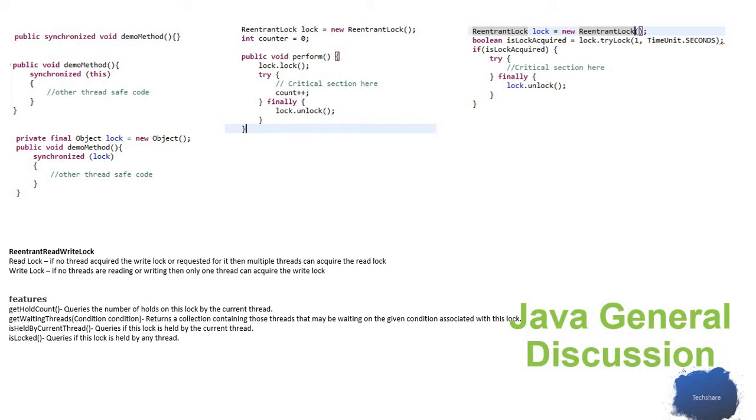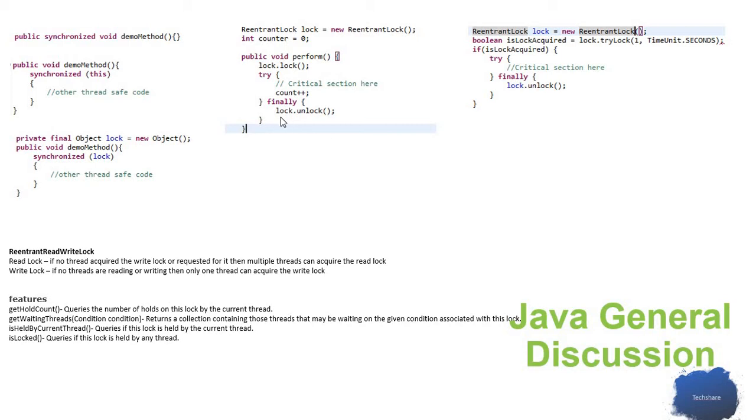So that is a very critical point to note when you are using the lock. Make sure when you lock, you also do the unlock. So you need to do multiple testing to make sure the unlock is always executed. That is why it is recommended to put the unlock in a finally block.